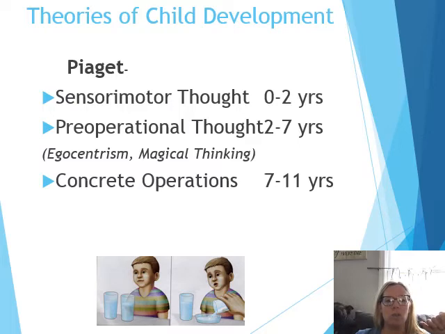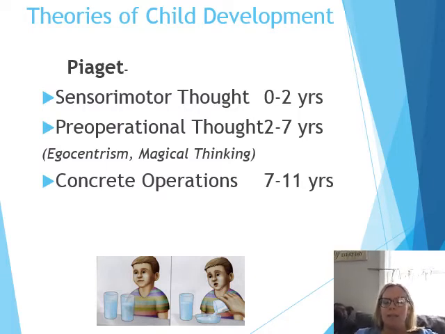Okay, so this is really where there's a ton of growing brain development in this phase. They realize that the amount of fluid does not change due to the shape of the glass, or the mass of the clay does not change when its shape is changed, right? That's the concept of conservation.